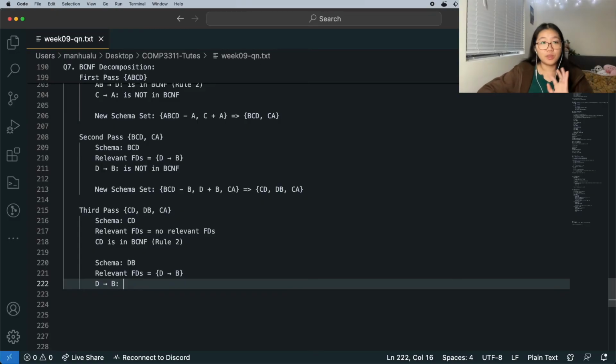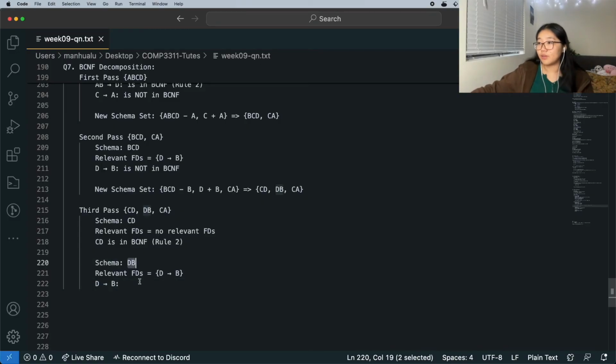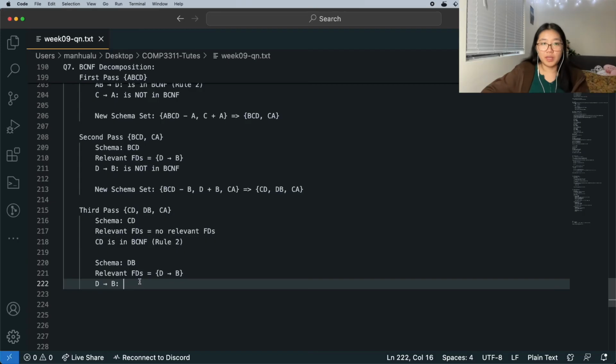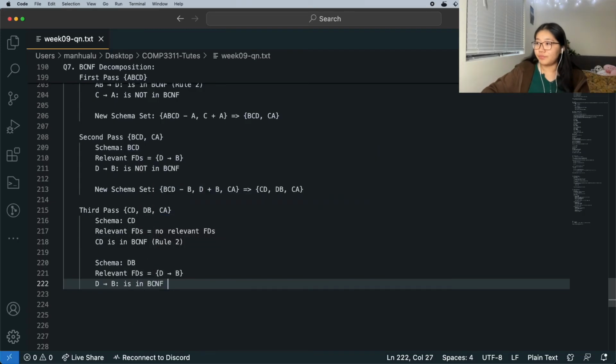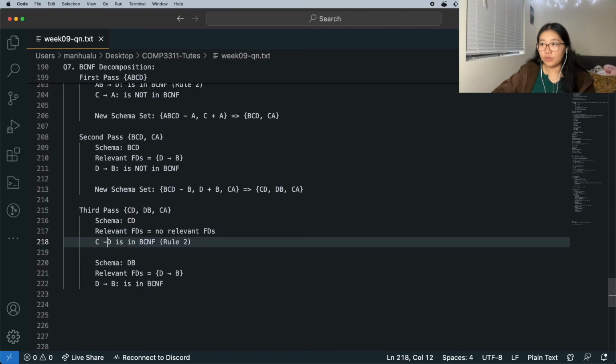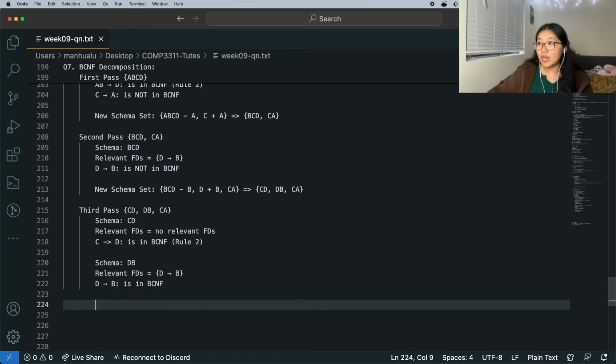And yes, they get you the entire schema, the thing we're looking at, which is just DB. So yeah, DB is in BCNF. Cool. So I was actually meant to do, sorry, CD is in BCNF. There we go, typo.